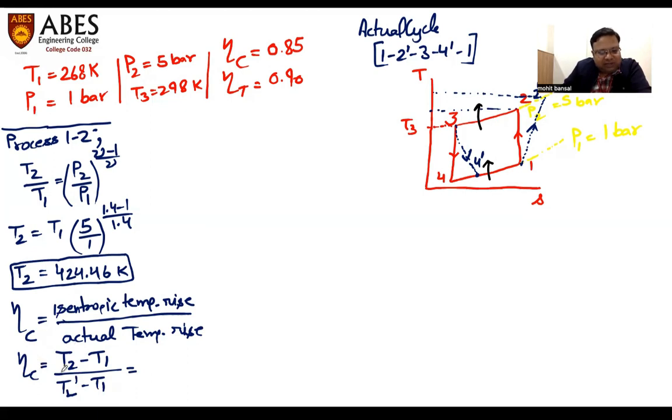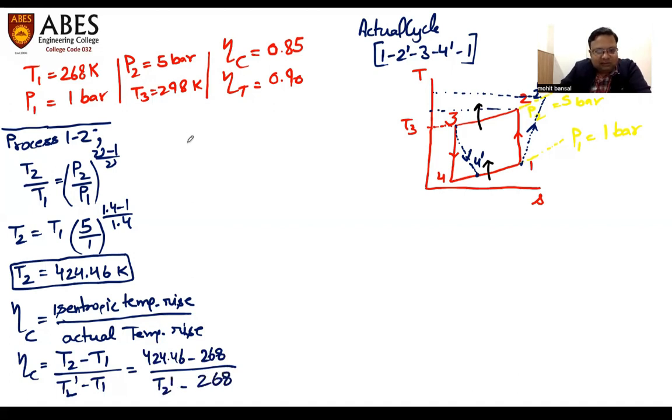We have T2, we have just calculated, 424.46. T1 is also available to us, that is 268 Kelvin. And T2 dash is the only unknown. So I'm writing down the temperatures: 424.46 minus 268 upon T2 dash minus 268.